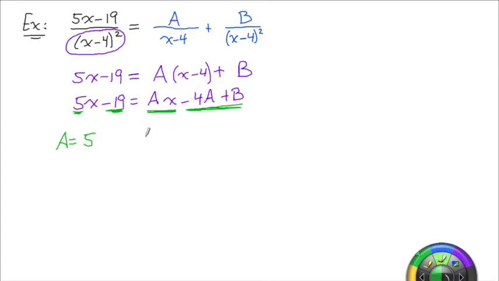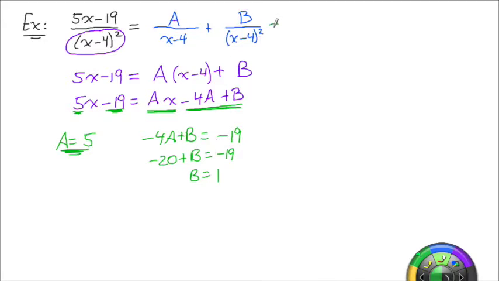Then we have the constant, negative 4a plus b, has to equal the constant on the other side, negative 19. But in this case, we know that a is equal to 5, so this becomes negative 20. So we have negative 20 plus b is equal to negative 19. When we add the 20 across, we find that b is equal to 1.